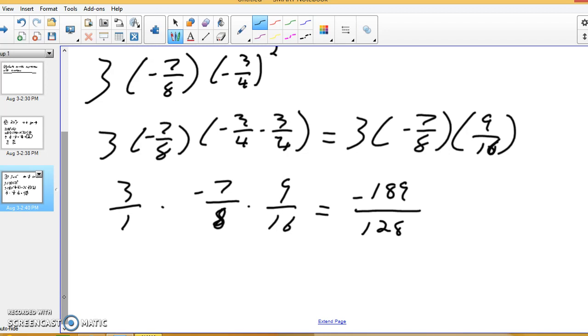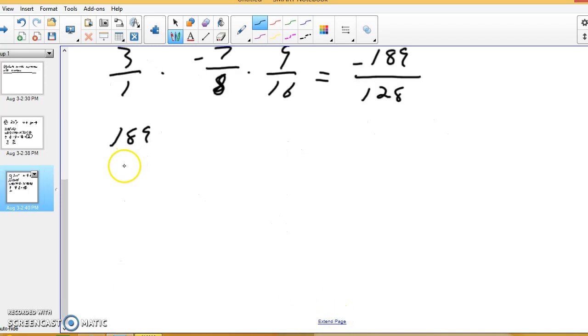Then from here we will simplify the fraction. We have a negative 189, and we'll find the prime factorization. We got 3 and 63, then 8 and 9. That's 3 and 3, and 2 and 4.